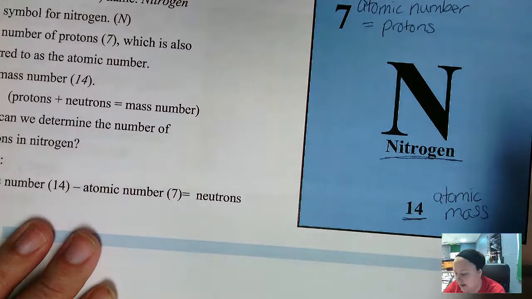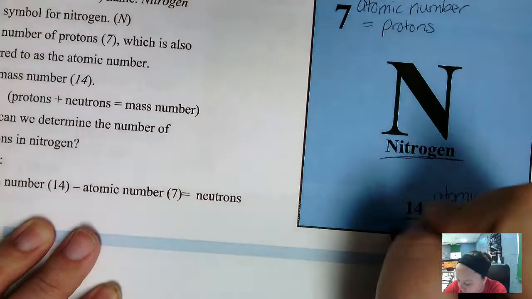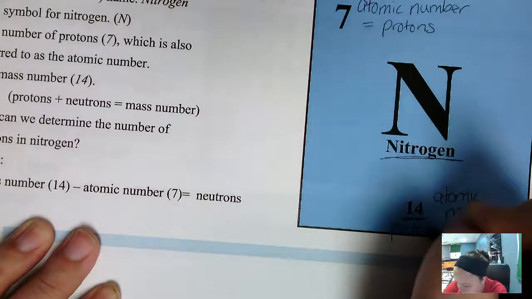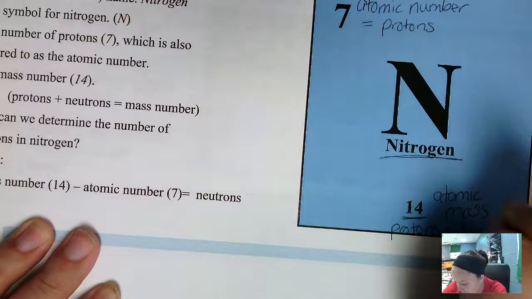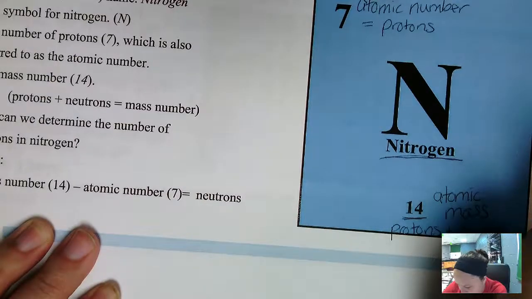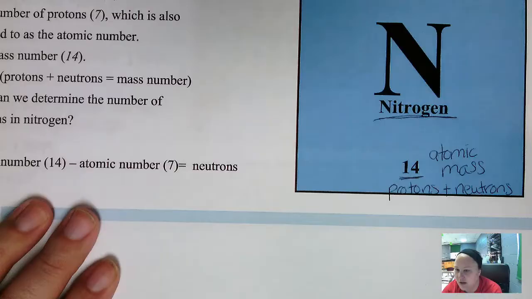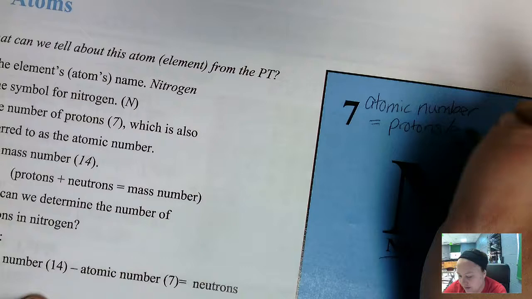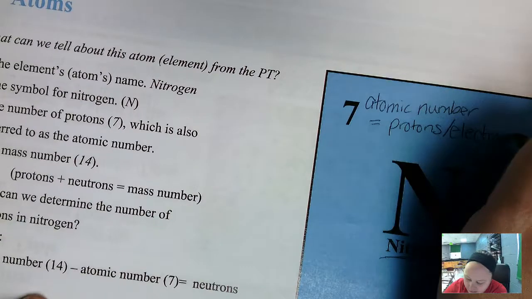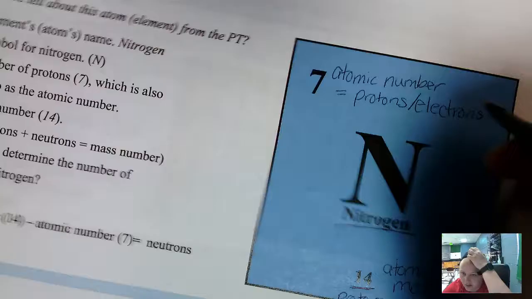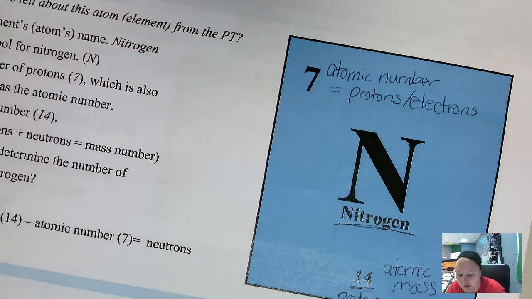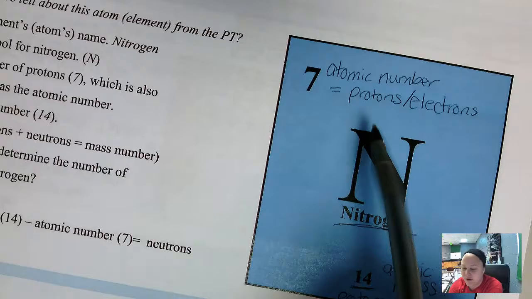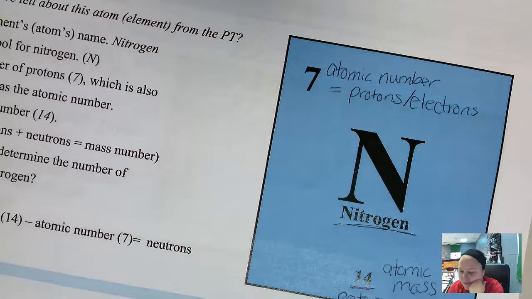Now the atomic mass, if you remember, is protons plus neutrons, and that gives you the atomic mass. I also want you to know the atomic number also equals the electrons, because on the periodic table these elements are not charged, so they're neutral. So the number of protons has to equal the number of electrons as well.